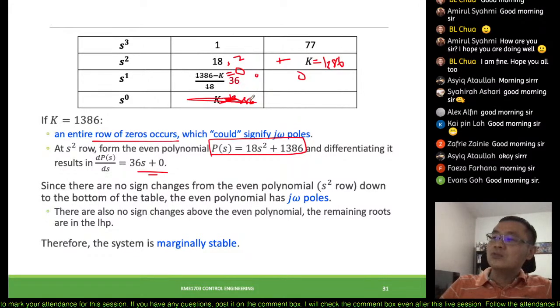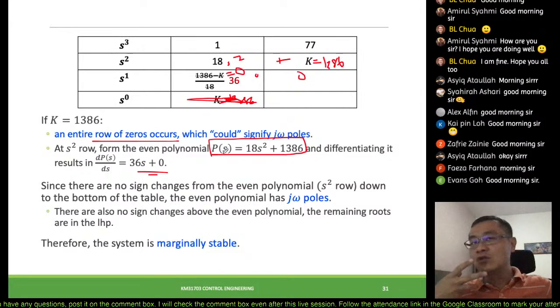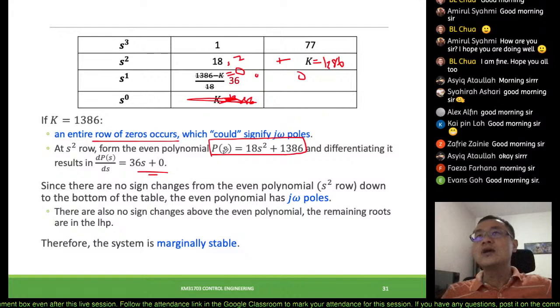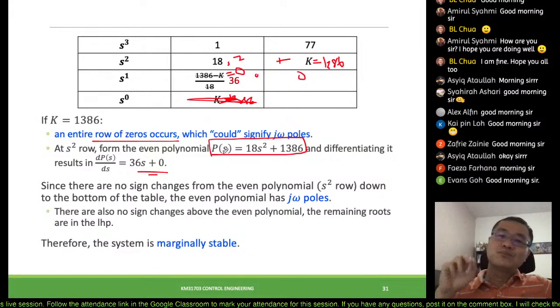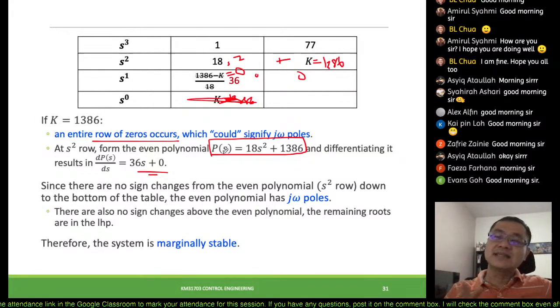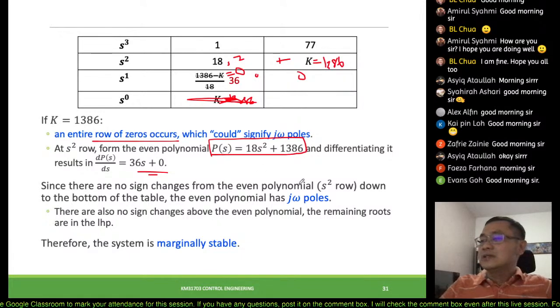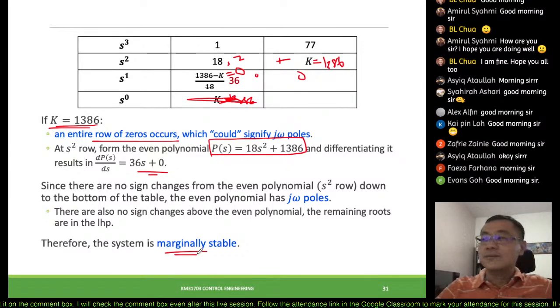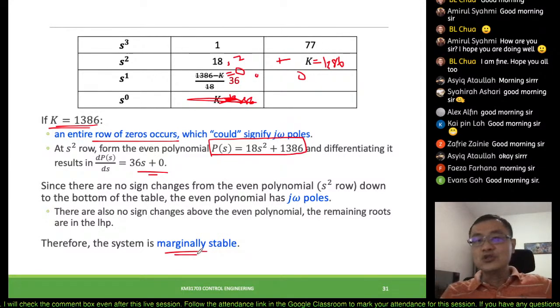No, no, and no. When a row of 0 doesn't involve sign change, it means no right half plane pole, and because of that, there are poles lying on the imaginary axis. So we can conclude that when K is equal to this value, the system is marginally stable, right?